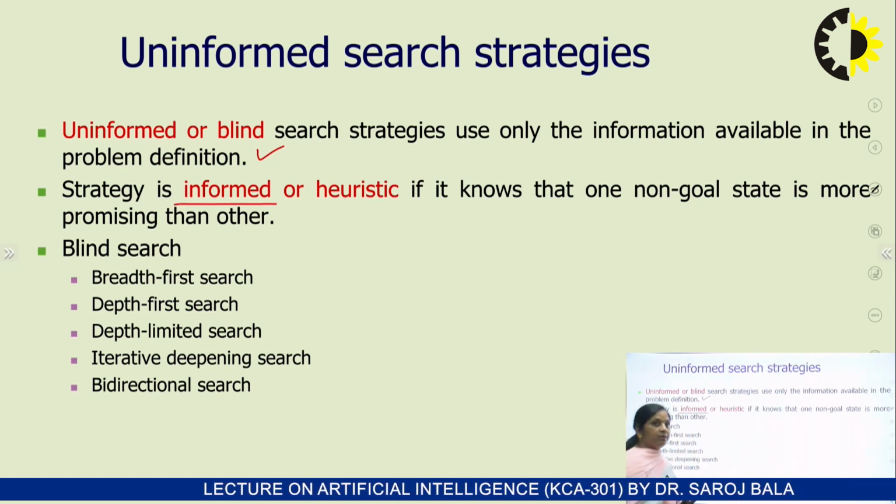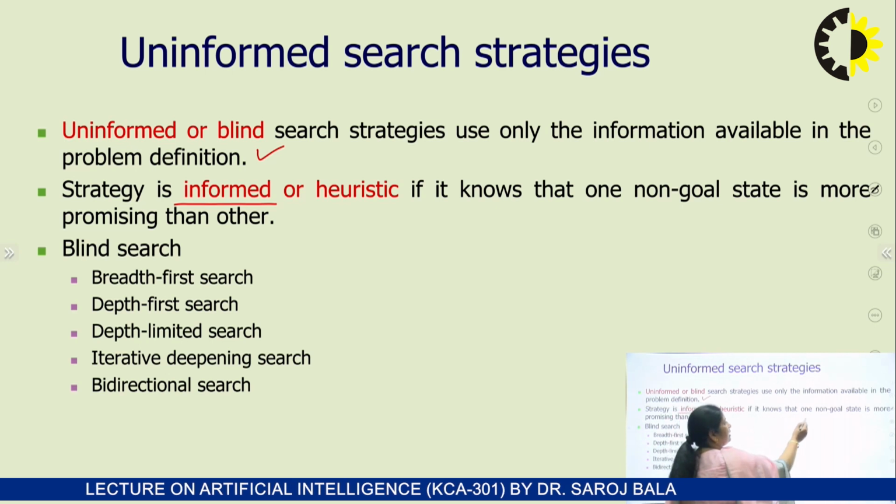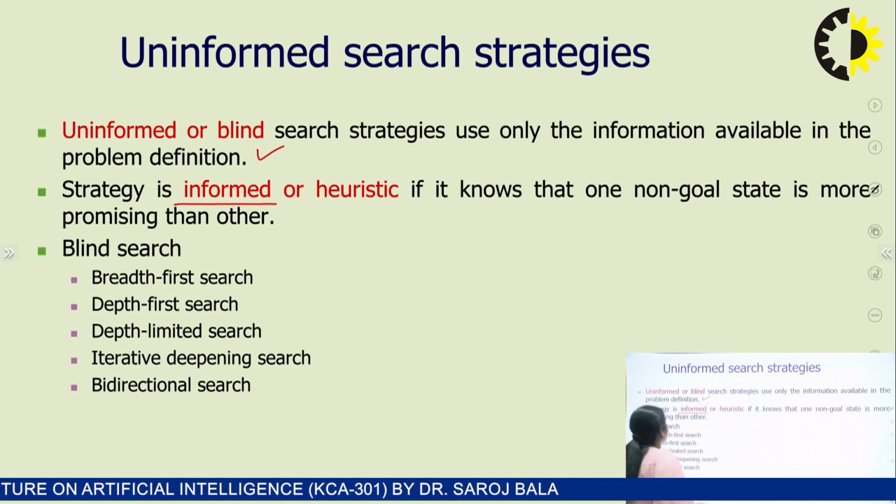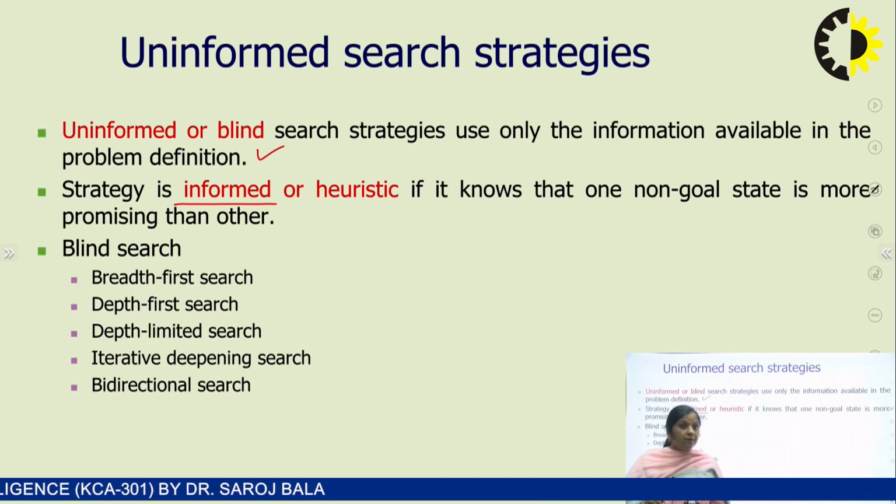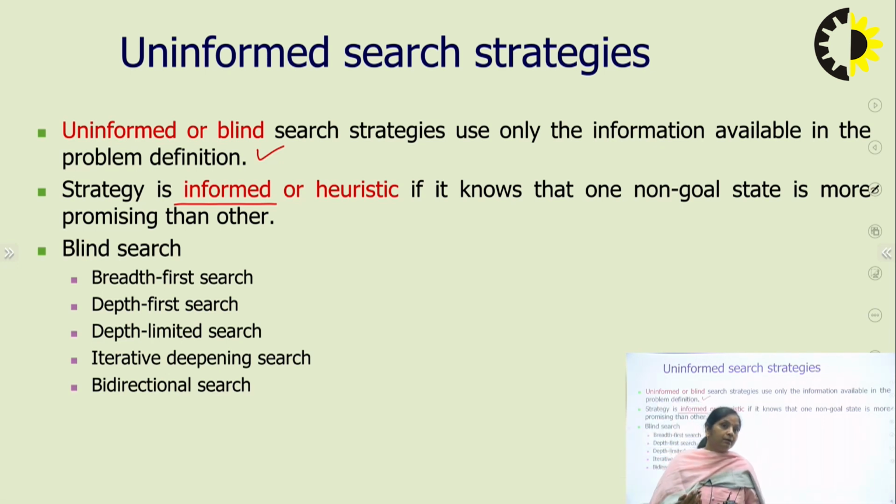What is informed search? If it knows that one goal state is more promising than the other one, it means some information is given which is telling us that if this state will be taken, it will be better than the other one.